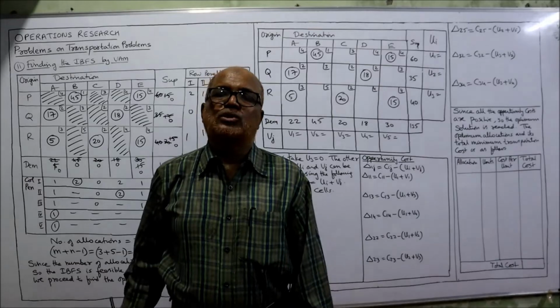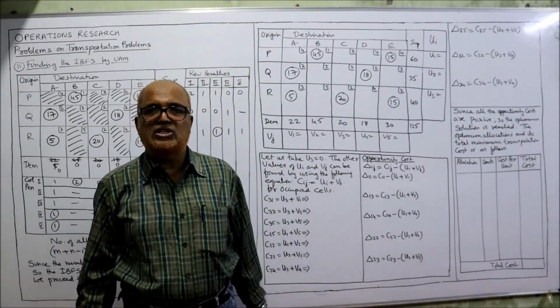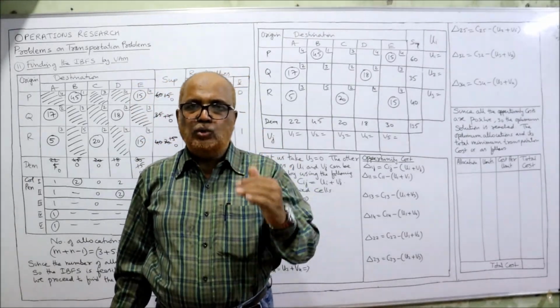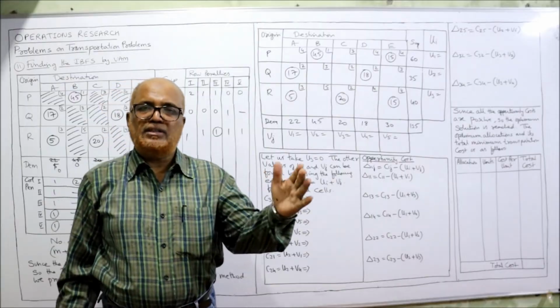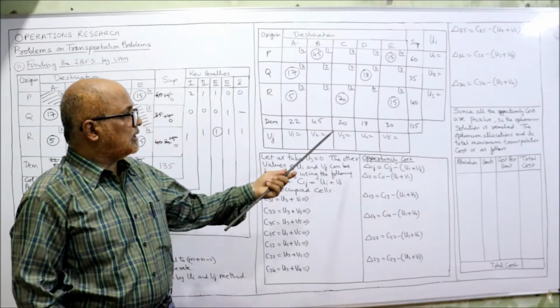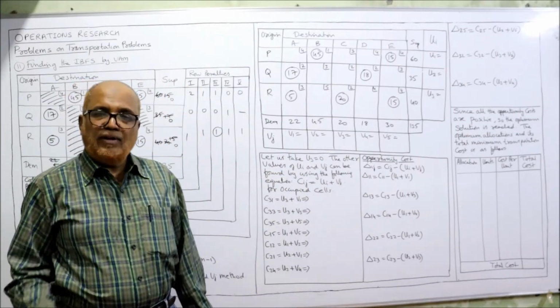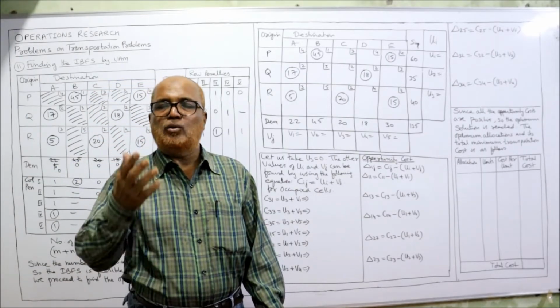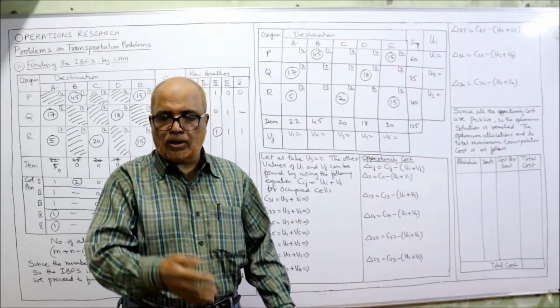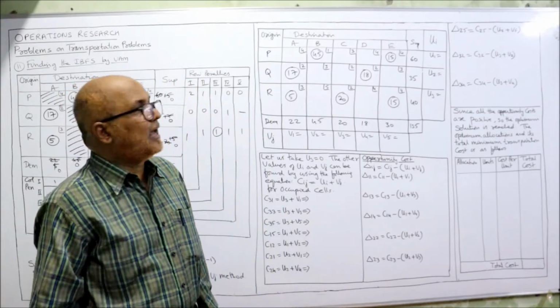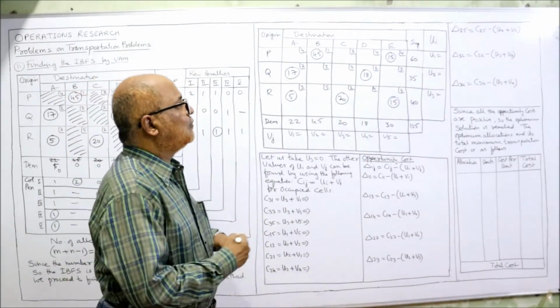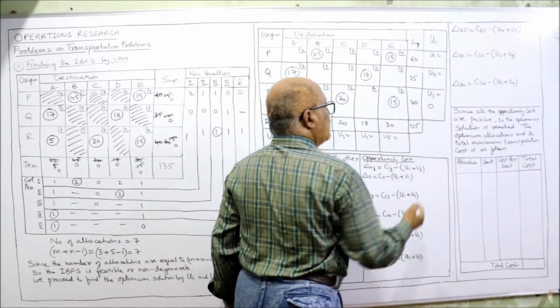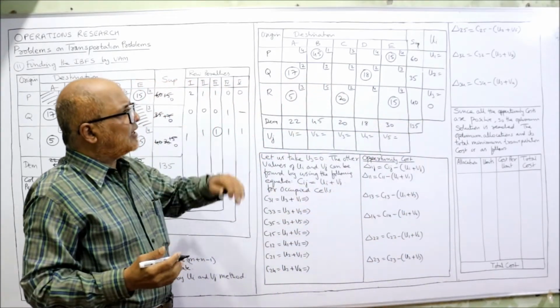Now we need to find out the ui and vj values: u1, u2, u3 and v1, v2, v3, v4, v5. We have to take arbitrarily any one of the u values as 0, either u1 or u2 or u3. So arbitrarily I have taken u3 is equal to 0. Then you'll get a doubt: why, sir, did you take u3 equal to 0?